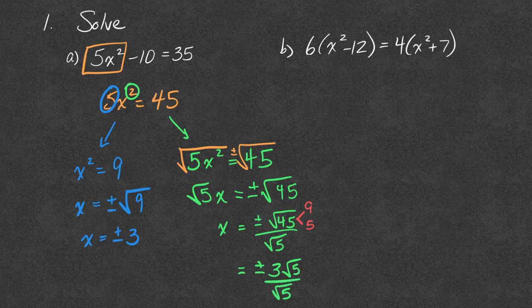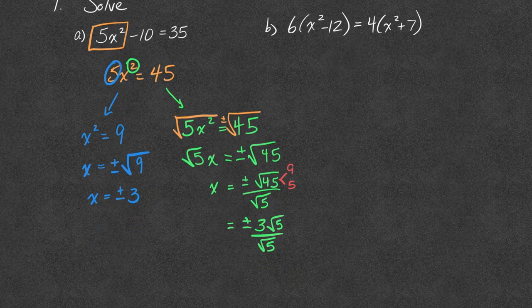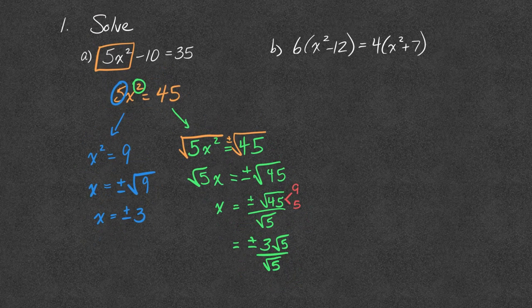And I can simplify that down to plus or minus 3 root 5 over root 5. Maybe we can see where we go from here. I could now divide out my common factors of root 5 on top and bottom. And now I'm left with x equaling plus or minus 3. Okay, that's a lot more complex.